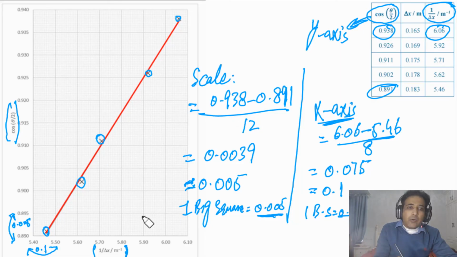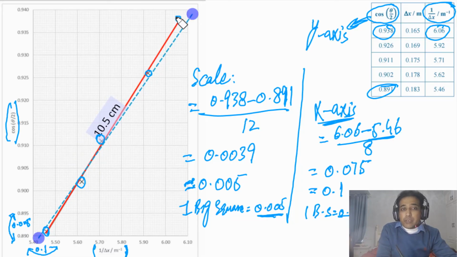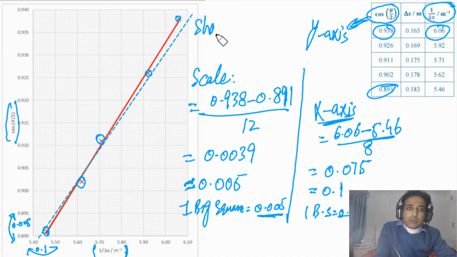So this will not be the best fit line if we have points like this, and this line is the best fit line. Now for example, if I have these points and I have drawn the line like this, this line is shallow because you see a lot of points above the line. So this line is shallower, and this is not the best fit line.